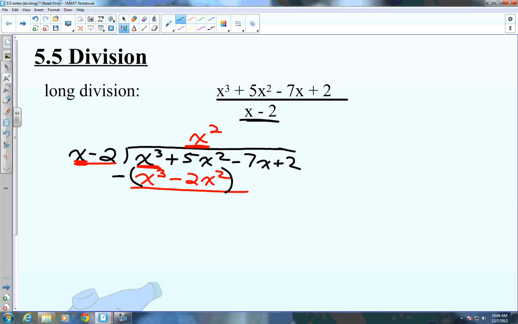I am actually subtracting everything in the bottom one from the top. So I say x to the third minus x to the third is 0. That should always be 0 because that's how you pick your number to go up top. Then I say 5x squared minus a minus 2x squared, so that gives me 7x squared. Then I bring down the next term. Don't change the sign, just bring it down the way it is.